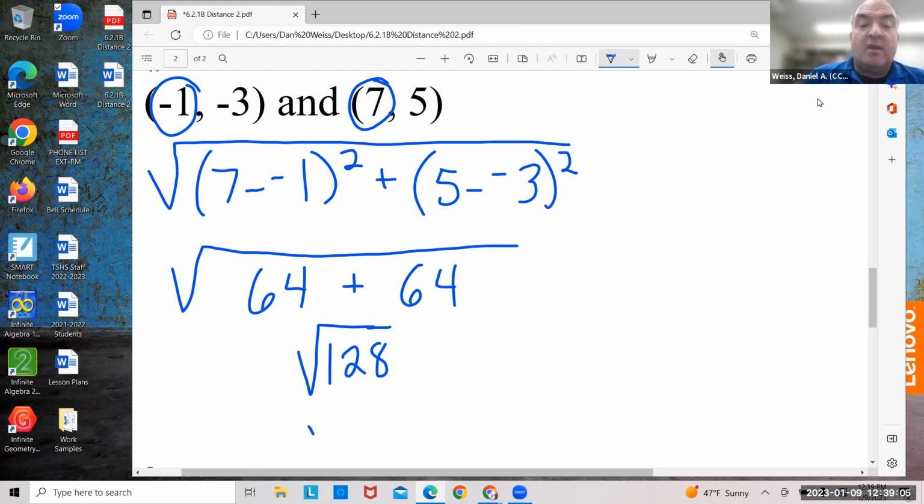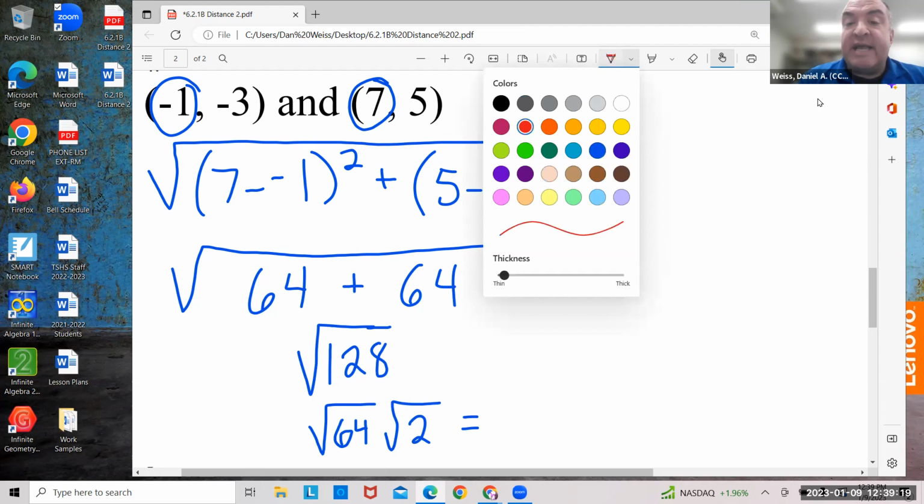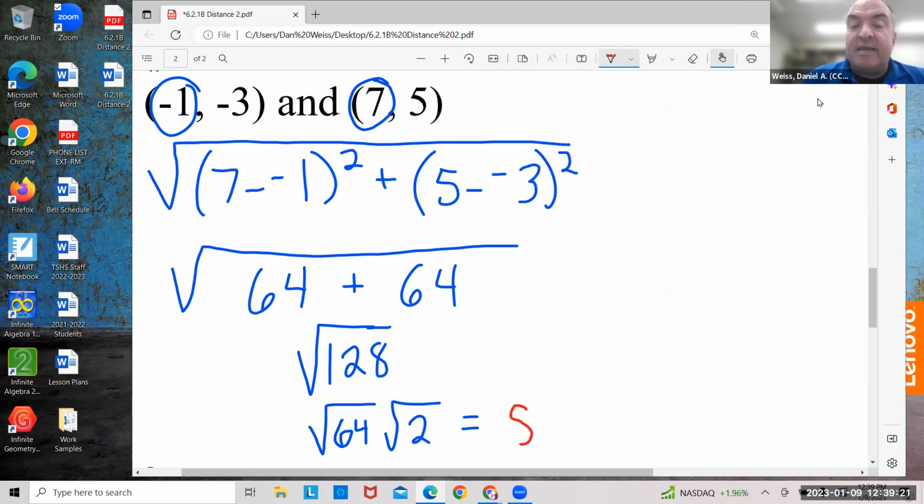Well, 64. Remember the perfect squares? So this is 64 times 2. And what's the square root of 64? The square root of 64 is 8. So you're left with 8 square root of 2. Okay.